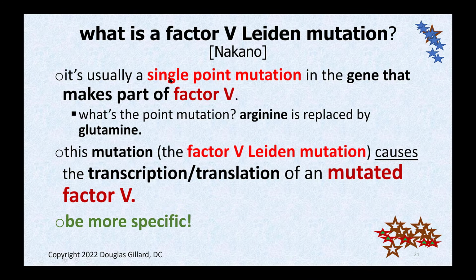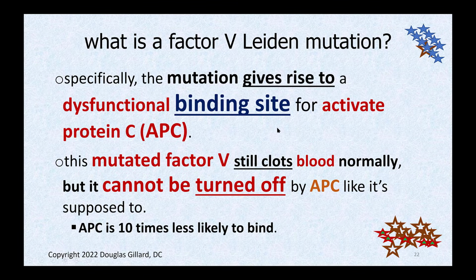So let's do it again. We have a single point mutation in the gene that makes factor V. Specifically, it's an arginine replaced by glutamic acid, and that causes a shift in the shape of factor V in such a way that the turner off, or APC, can't dock to factor V, and therefore there's nothing to stop factor V from running wild and making too much of a blood clot.